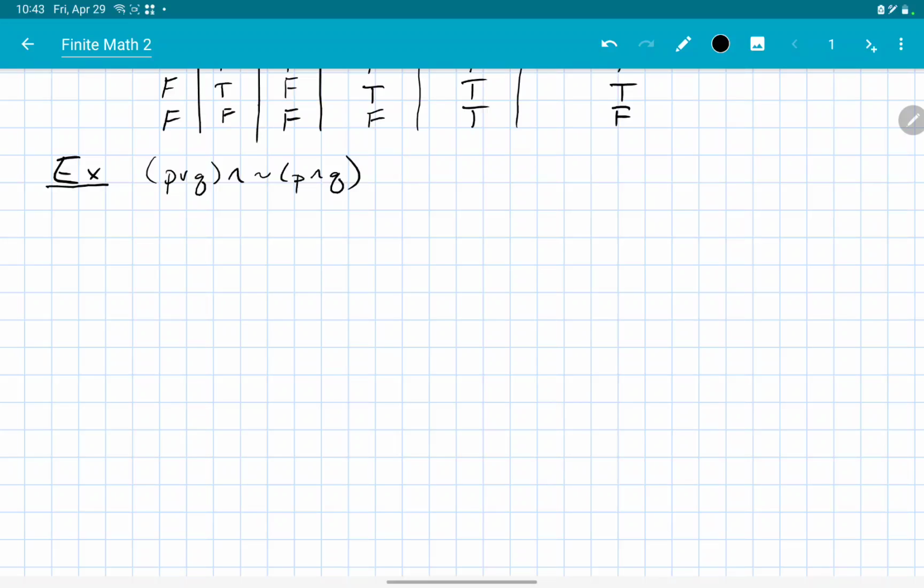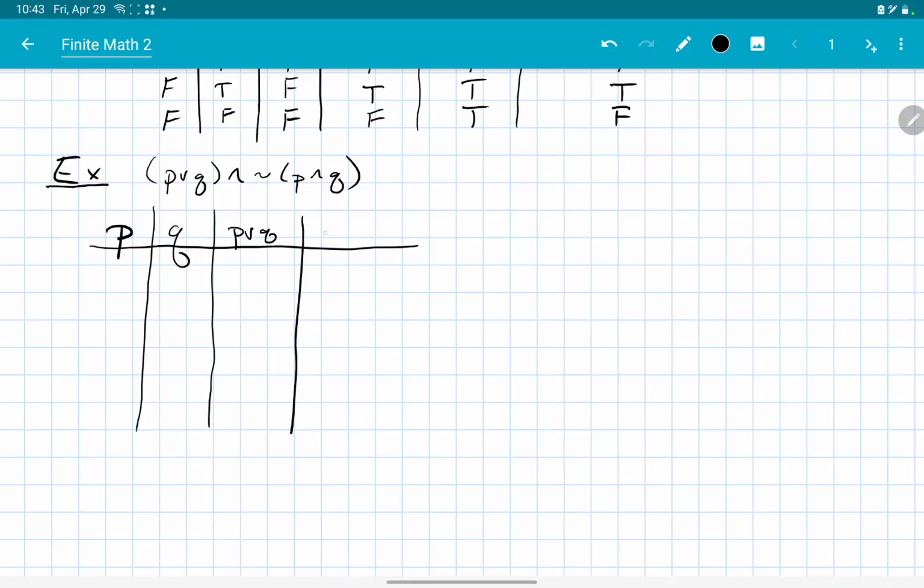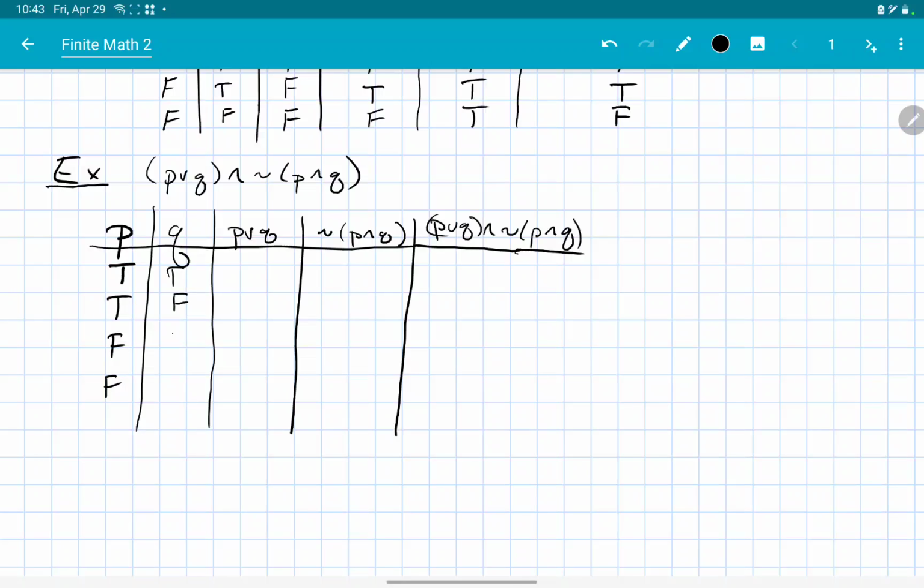And I'll come back and ask if you have any opinions. Any opinions about what this means before we get started? P or Q and not P and Q.